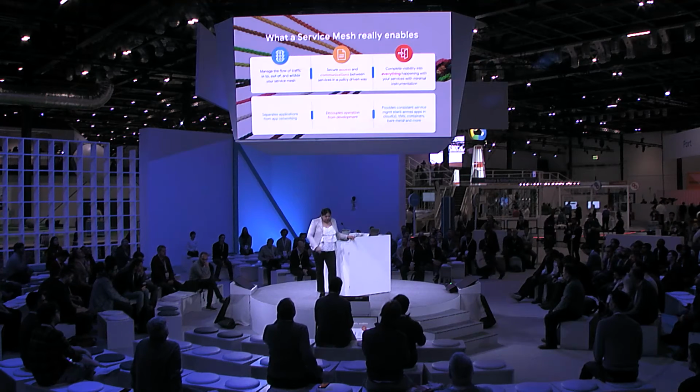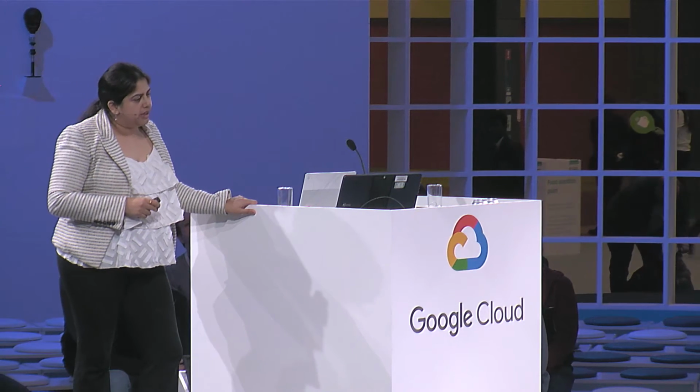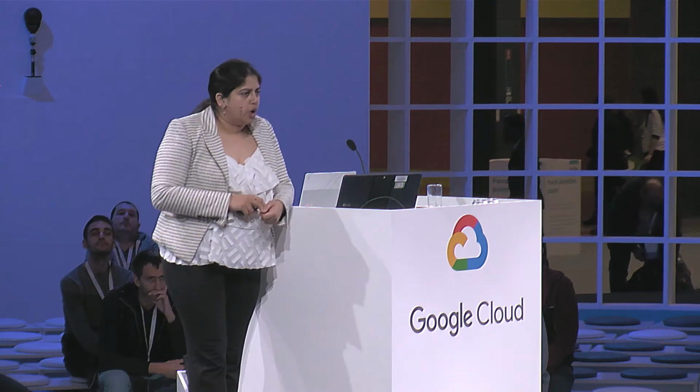So, actually, there is a very interesting nuance which I wanted to point out, which is, if you notice what we did, we separated the application from application networking. The moment you do that, as a developer, what you need to do is code your app, and then there's an ops person who's going to go worry about the policy, or your security admin. So you actually decoupled the development from operations.